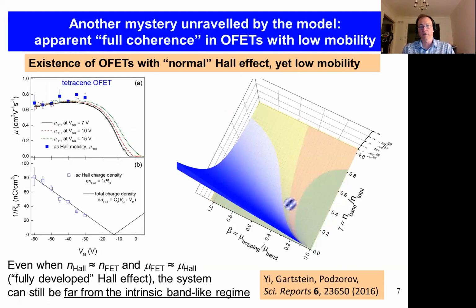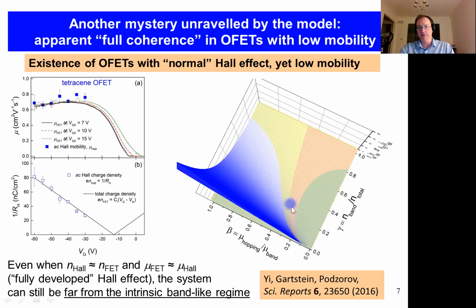So this model shows that there is a large parameter space, here shown by this yellowish-orangish area, where you might be very far away from the fully band-like transport regime. Nevertheless, the Hall effect mobility and longitudinal FET mobility will be very close to each other, within 10%.